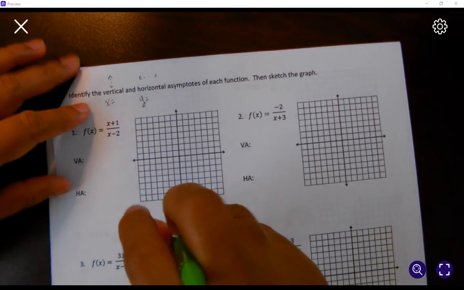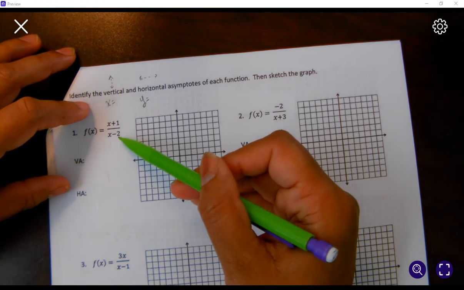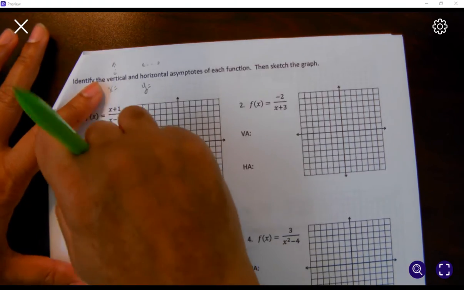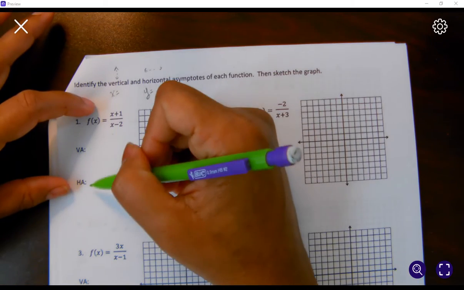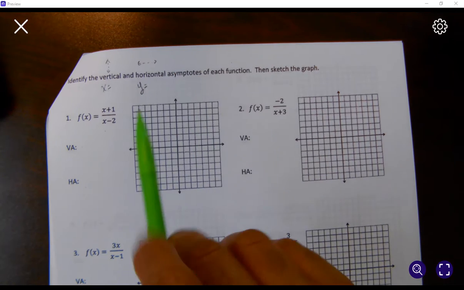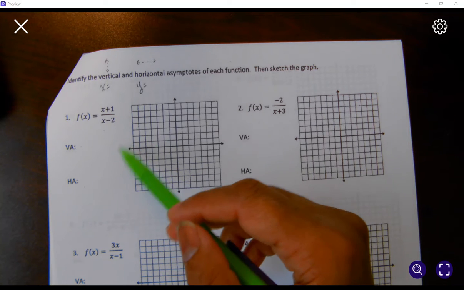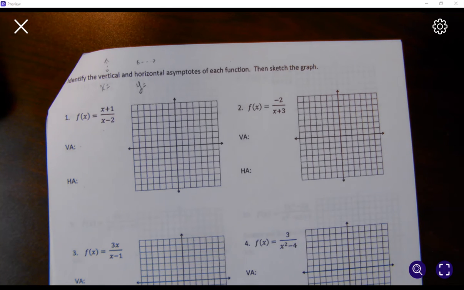Okay. So here's our function. It's a rational function because we have a numerator and denominator. And then we want to look for vertical and horizontal asymptote. Now on the previous page, it was showing you how to do it algebraically without graphing. But today I'm just going to show you how we do this by graphing.